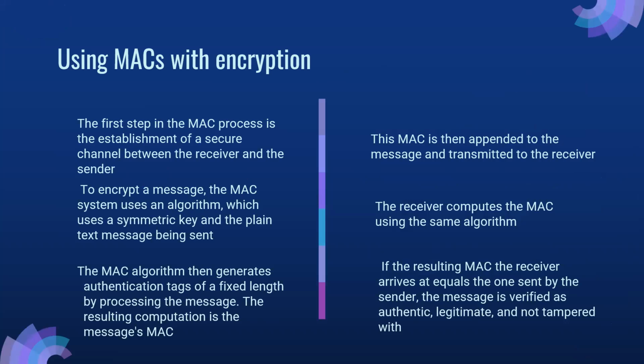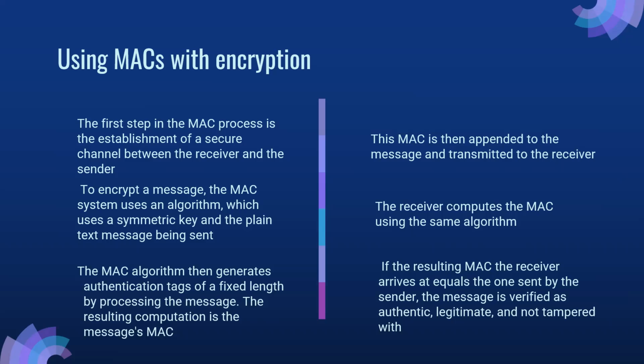So we have here the using MAC with encryption. The first step in the MAC process is the establishment of a secure channel between the receiver and the sender. To encrypt a message, the MAC system uses an algorithm, which uses a symmetric key and the plain text message being sent. The MAC algorithm then generates an authentication tag of a fixed length by processing the message. The resulting computation is the message MAC.